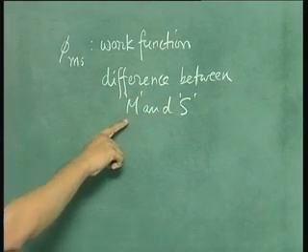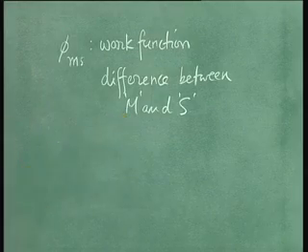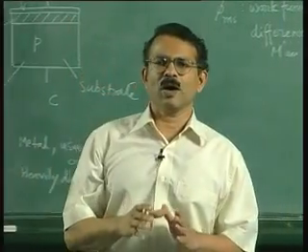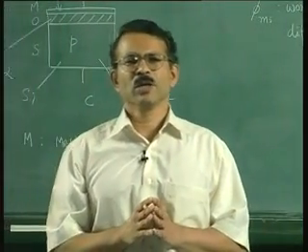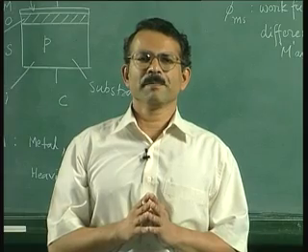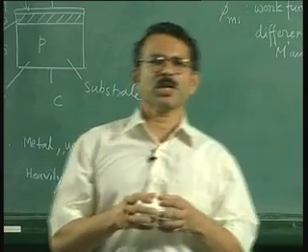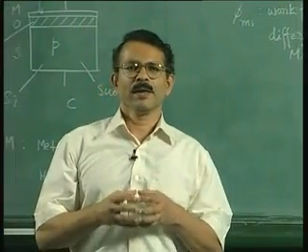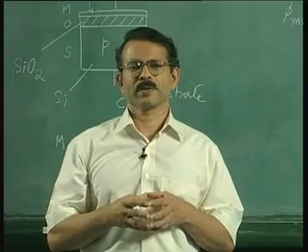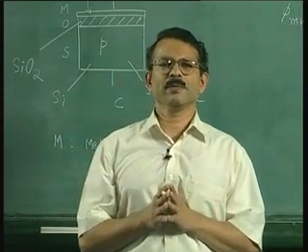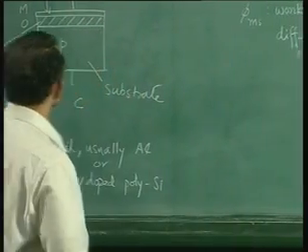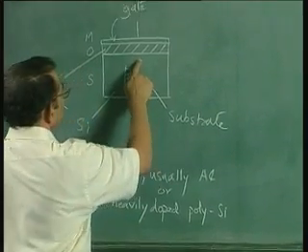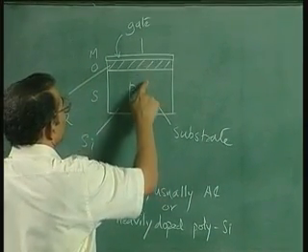So as we said earlier, the symbol M will be used in general whether it is a metal or whether it is a heavily doped polysilicon. So in general, there is a contact potential between the gate and the substrate. This is one point that we must note. Second point to note is regarding the interface between silicon dioxide and silicon.